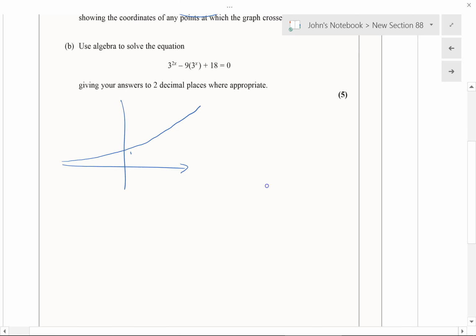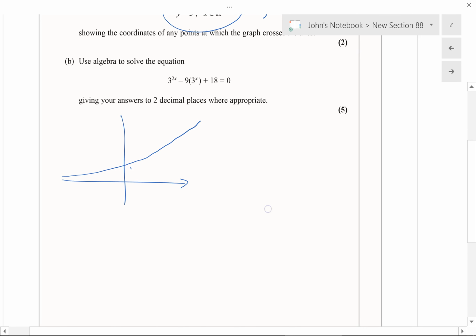Part B, this is a quadratic type thing here. If we let y be equal to 3 to the x, then we end up with, let's write it like this, 3 to the x squared minus 9 times 3 to the x plus 18 equals 0.